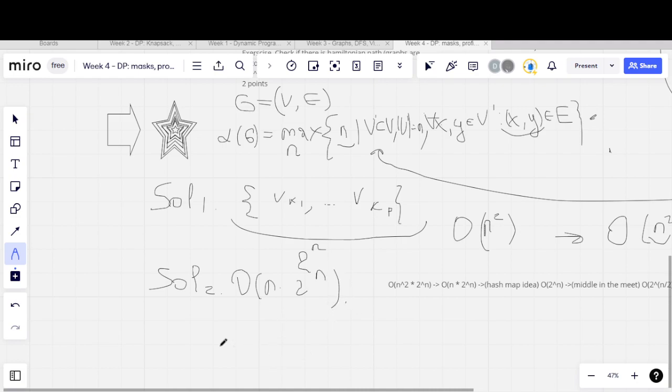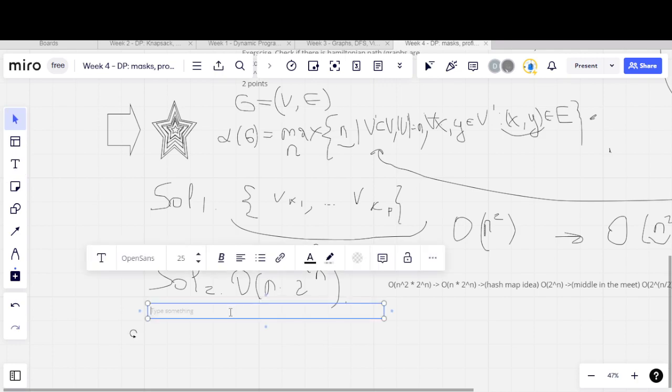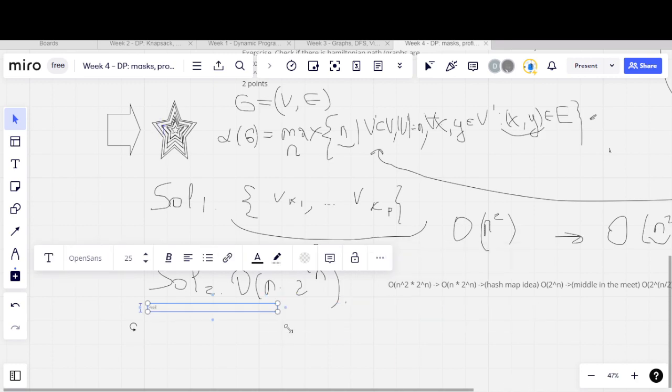So we use the pair. What will be the pair? We consider masks.